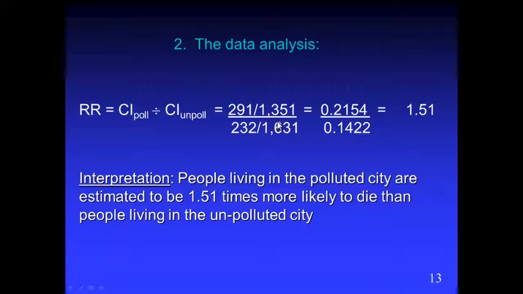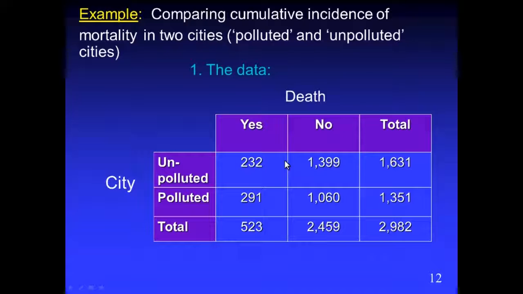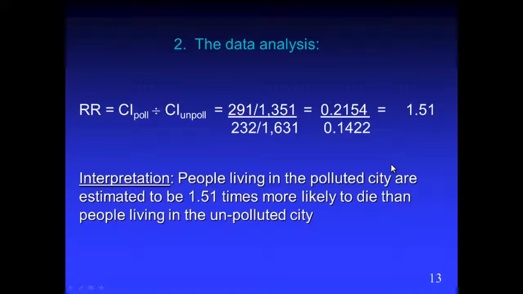If you look back at the 2x2 table, we are simply dividing the cumulative incidence in the polluted city, 291 divided by 1,351, by the cumulative incidence in the unpolluted city, 232 divided by 1,631. So that's straightforward, and we end up with a cumulative incidence ratio of 1.51.